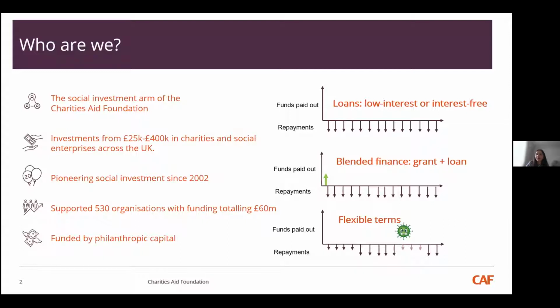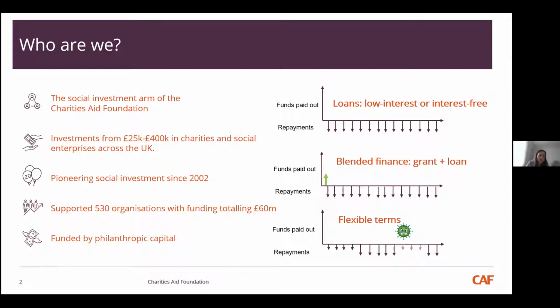Our loans are low interest or interest free, depending on the fund and the stage of the organizations that we are funding. Usually our loans are 3 to 5 years, but they can be up to 10 years. And most of our loans are unsecured, so suitable for organizations that might not have assets or property or access to bank loans. You can see here on the bottom right, we're also able to create bespoke repayment terms.